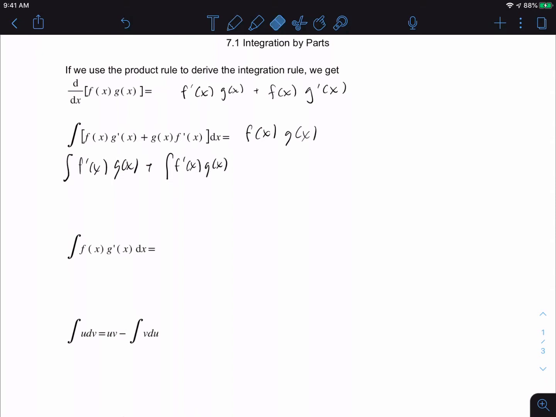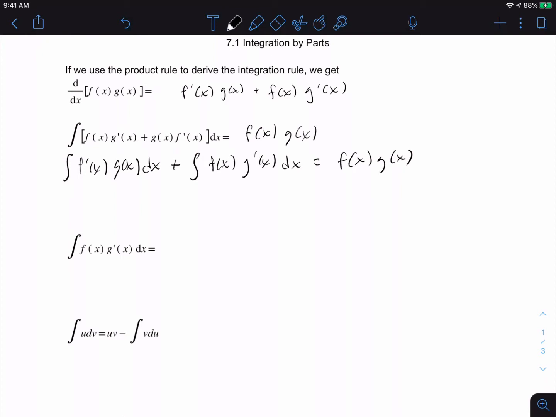Ooh, mistake. Let's not make these mistakes. We can go f of x, g prime of x, dx is equal to f of x, g prime of x. So basically what I'm trying to demonstrate here is how we can derive the integral for products, okay?